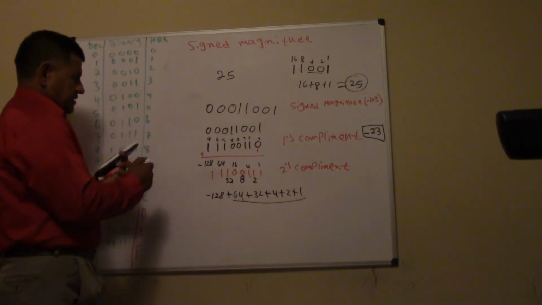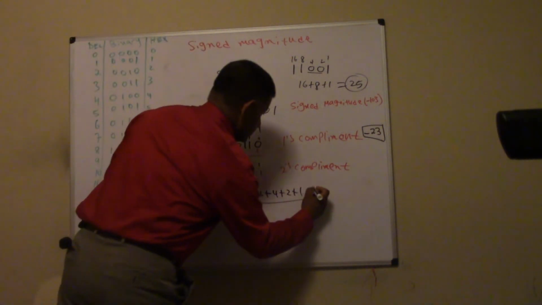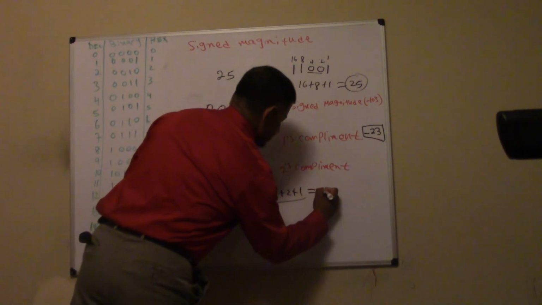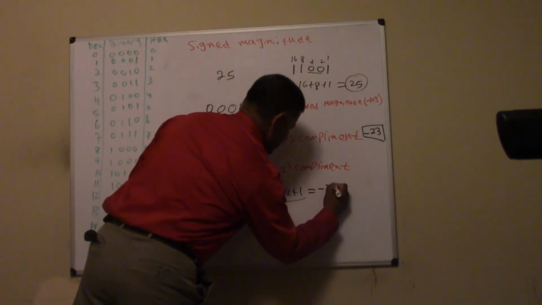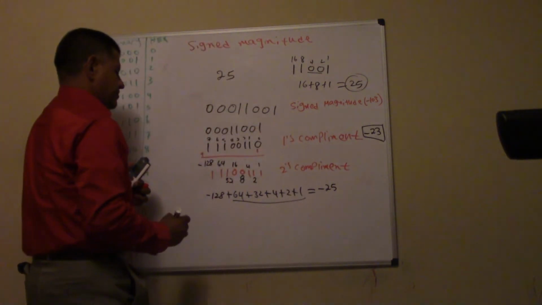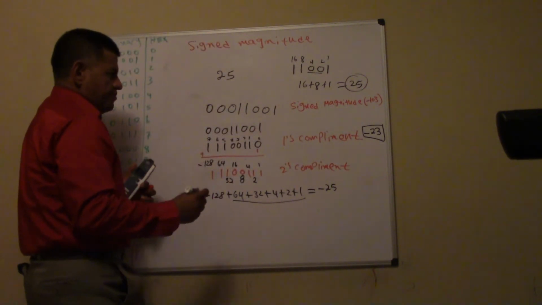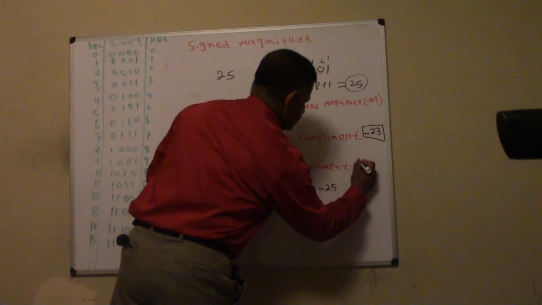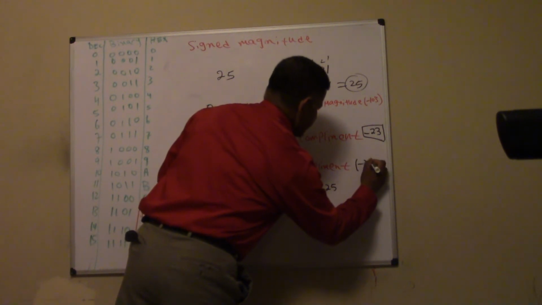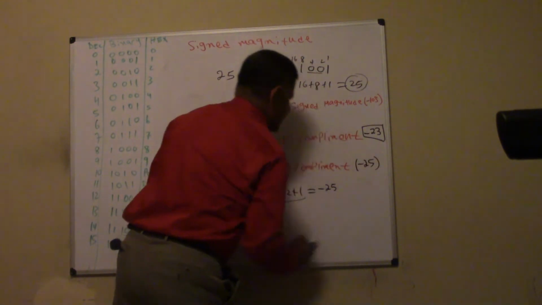We get negative 25. Okay, so basically negative 25. Here you go.